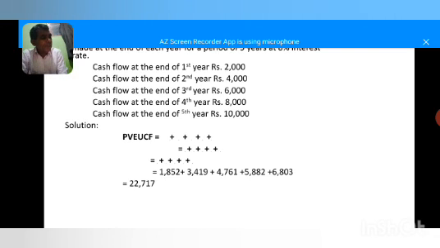The present value of 27,072 must be deducted, and we get the total interest 7,928 included under the future value of rupees 35,000. When the total interest is deducted from the future value of the cash flow, we get the present value, that is 27,072.